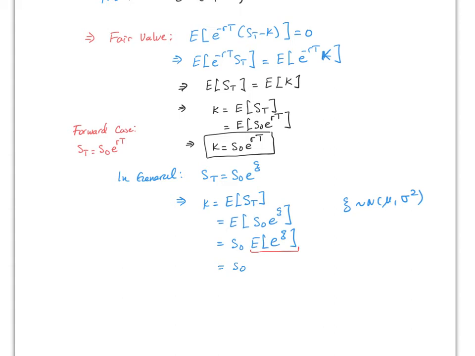If you haven't, we will get to that much later in the class. For now, just take it as given. It will be equal to mu plus sigma squared over 2. Okay, so this will be general.